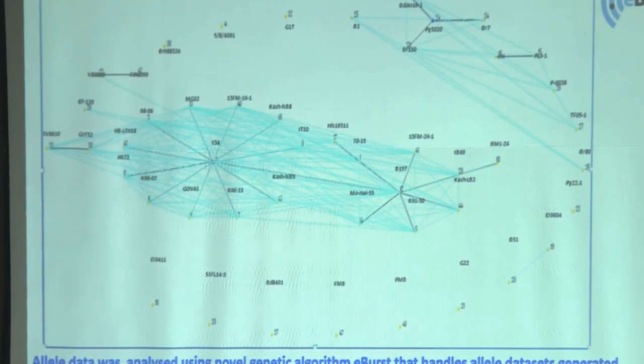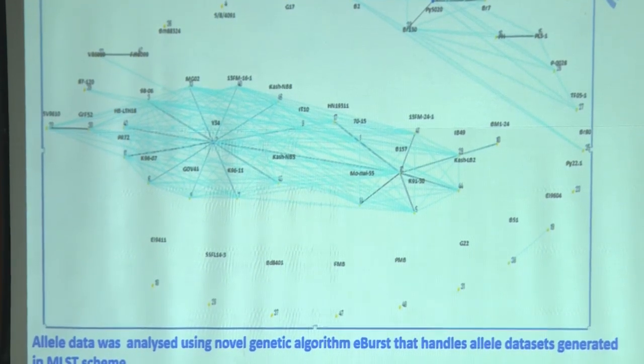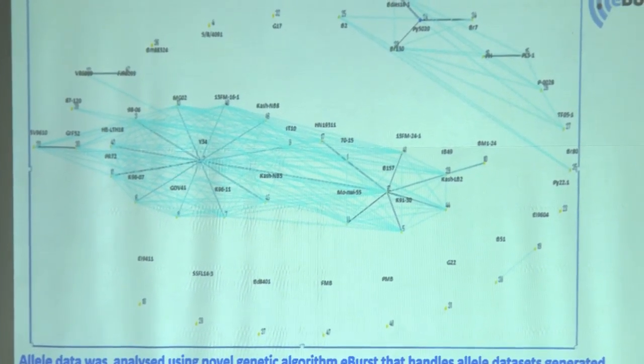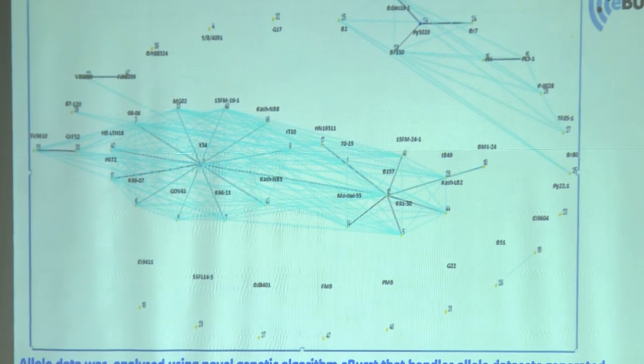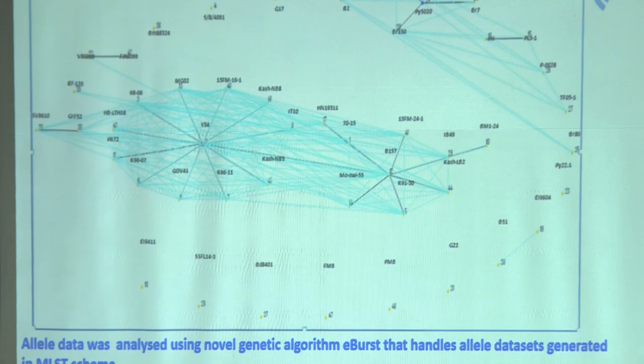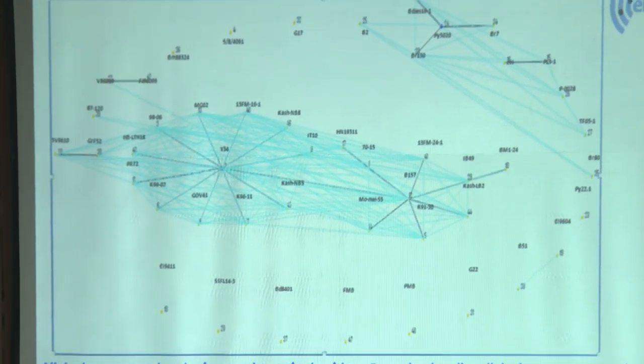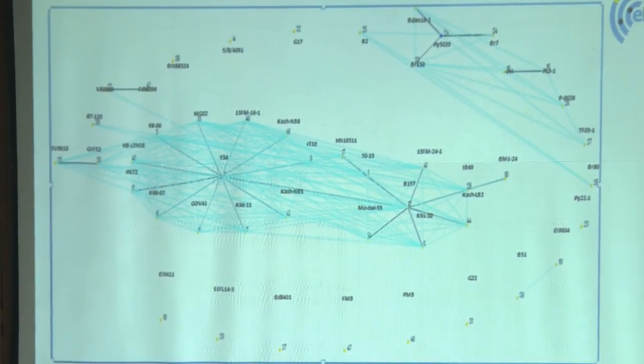Is that clear? If two isolates share only 50% of the alleles and the rest 50% are completely different, that means these two individuals shared a common ancestor, right? They evolved maybe in the last 100 years.